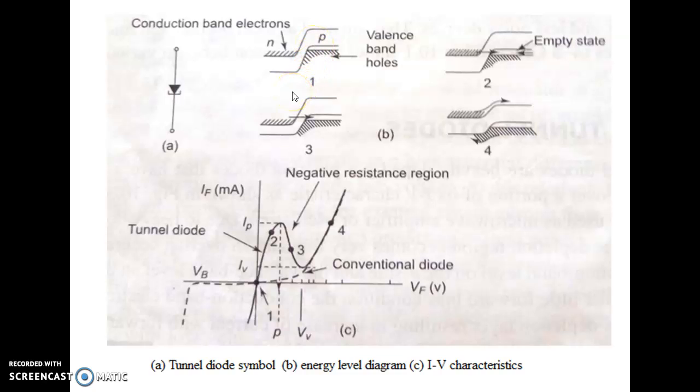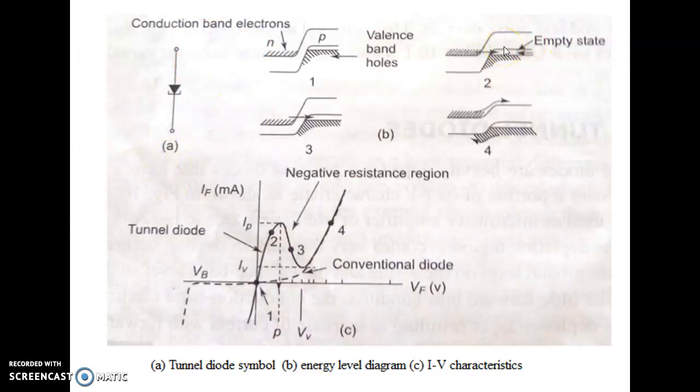As we know, if we apply negative potential towards the n side, the overall energy of this side increases. The Fermi level at this side and the energy band diagram move a little up. As we apply negative potential towards the n side, the energy band diagram moves a little up compared to the p side, where you are applying positive potential.